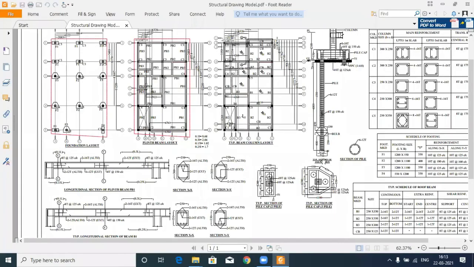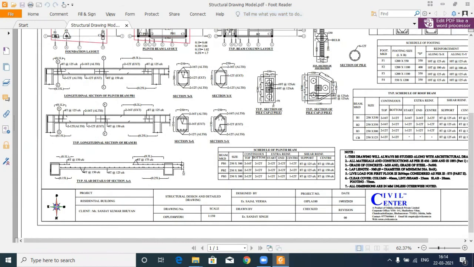Next we have here you can see this is the pile foundation and here is the pile cap, two pile cap, three pile cap and this is the longitudinal section of the plinth beam and this is the cross section of that plinth beam.